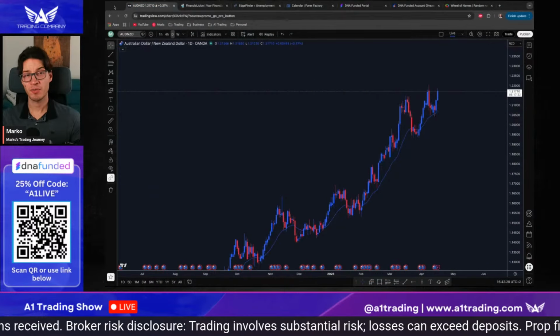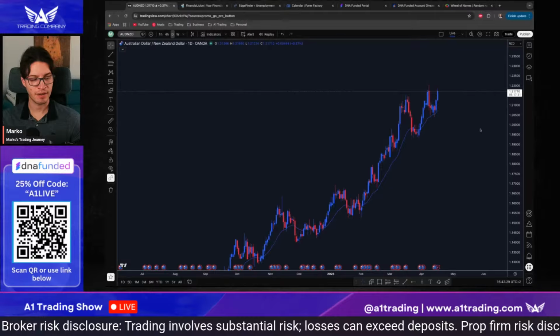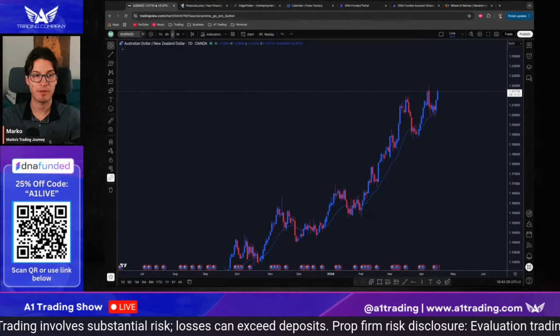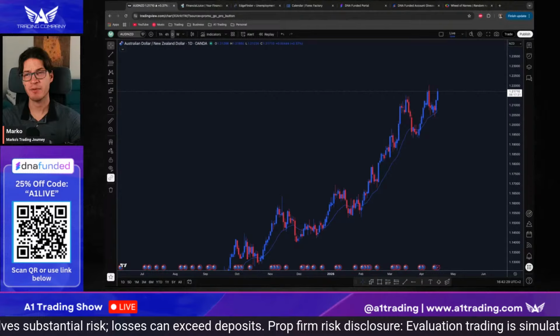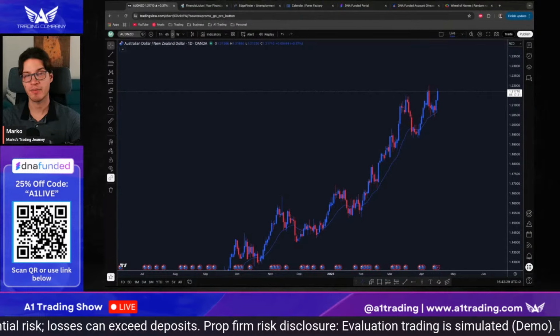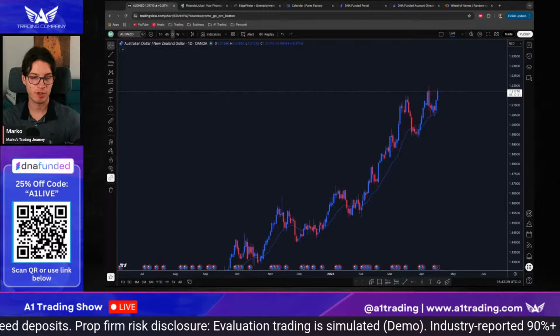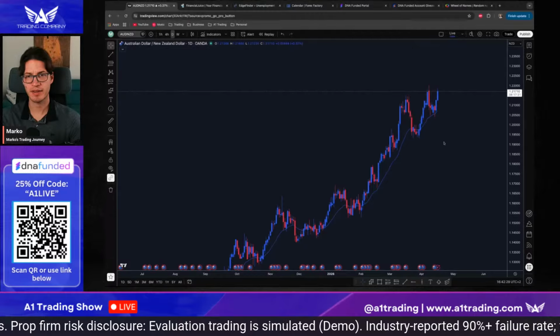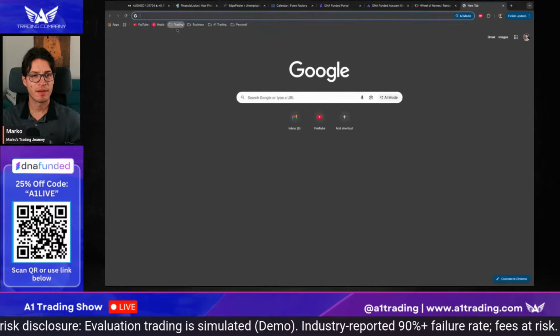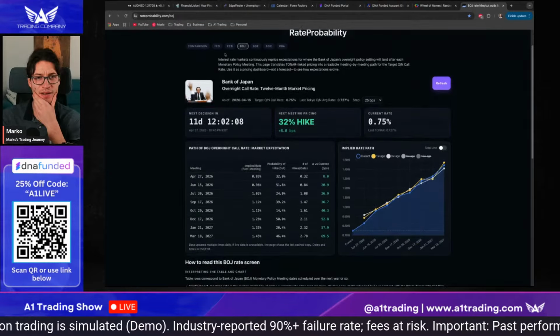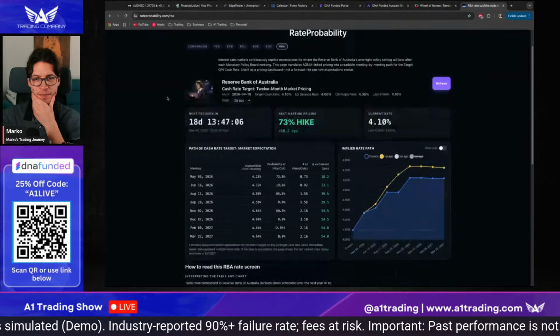And before the war started, the Australian Central Bank, they were super hawkish. So they were planning to hike interest rates. I think they were, at the time, the only central bank looking to hike rates, which also tells you something that is bullish for the currency. I haven't checked out the central bank rate forecasts in a while. Let's see, RBA.